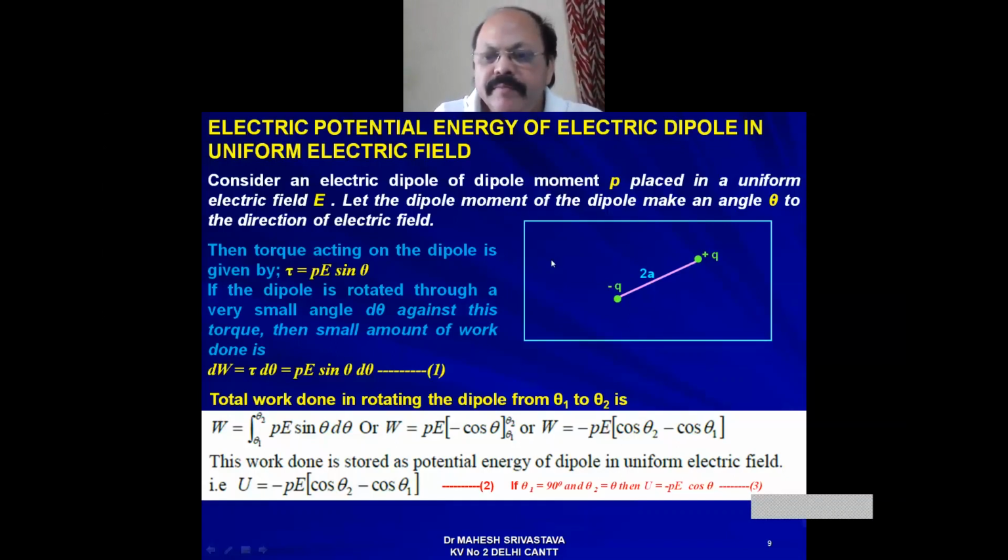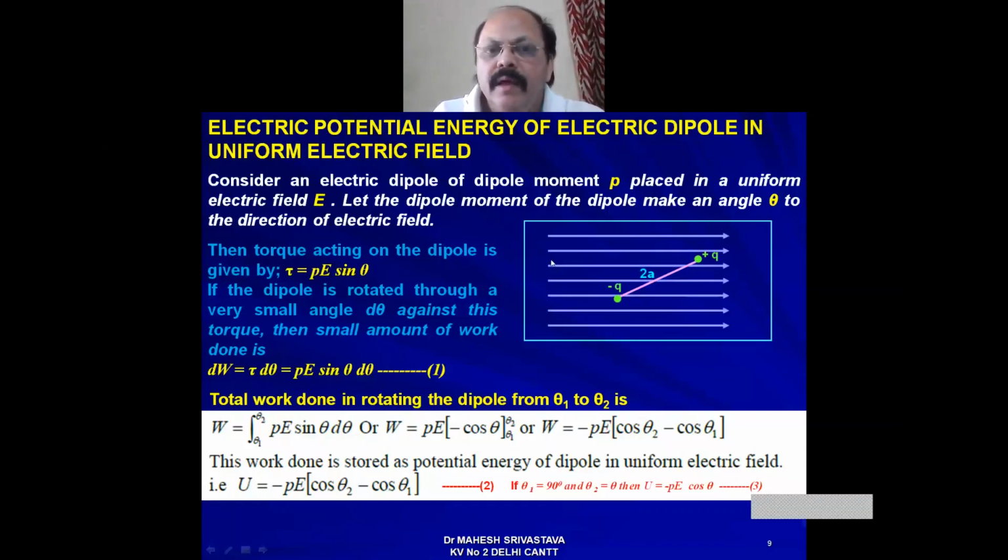Already you have studied that when an electric dipole is placed in a uniform electric field, it experiences a torque. Let the dipole moment of the electric dipole make an angle theta with the direction of electric field. Then the torque acting on the dipole is tau equal to PE sin theta.